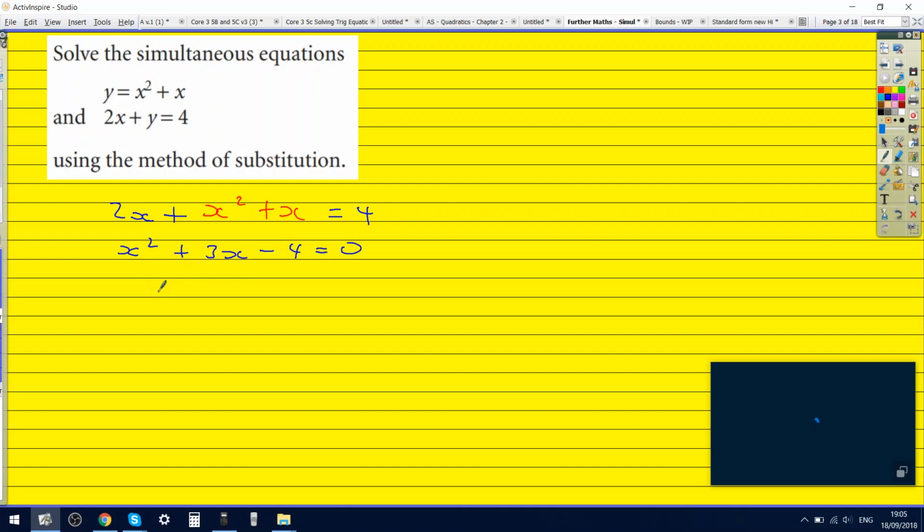And you can factorize this: x plus 4, x minus 1 here. Yeah, that works in the brackets. So x is either 1 or x is minus 4.